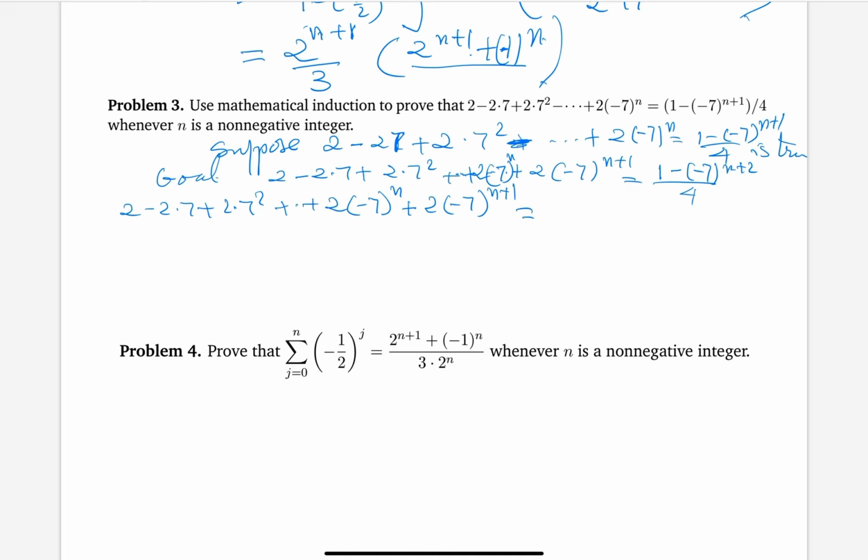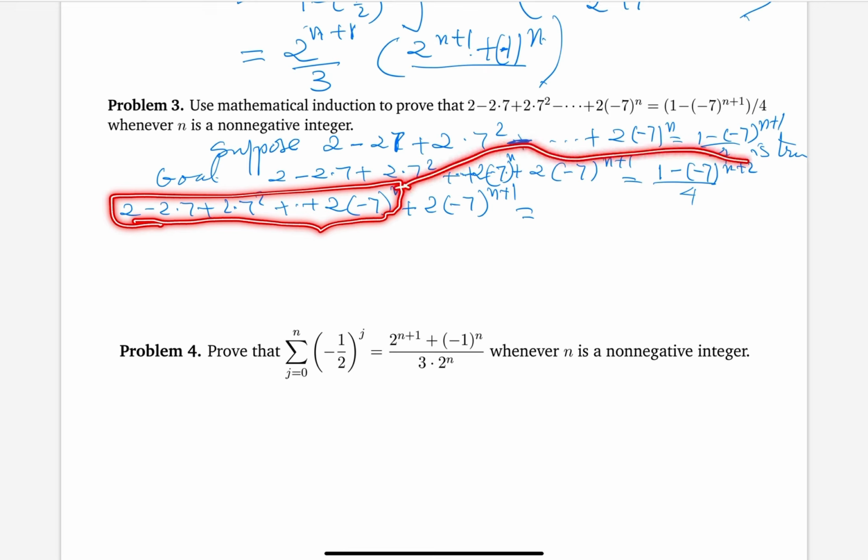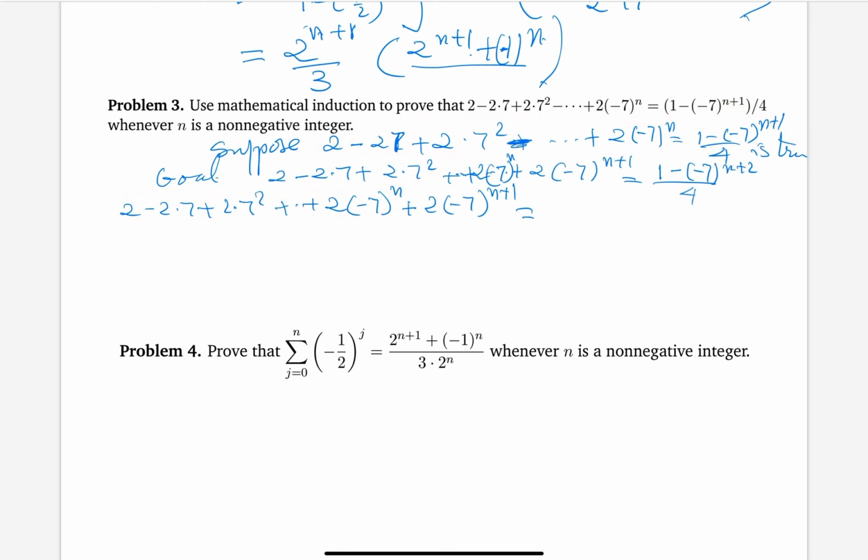And this one, if you check here, since we suppose by assumption this one is true, then we can replace it from here, and then we end up having this one. If you replace it here, you will have this one.